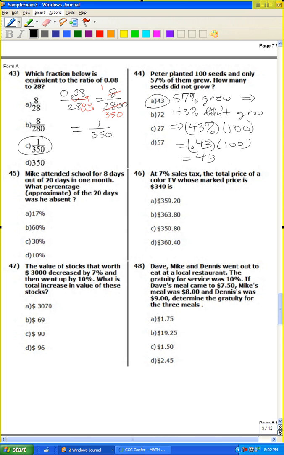45. Mike attended a school for 8 days out of 20 days in a month. What percent approximate of the 20 days was he absent? Well, first he was absent, so he only attended 8 days out of the 20. So he was absent for 12 days.